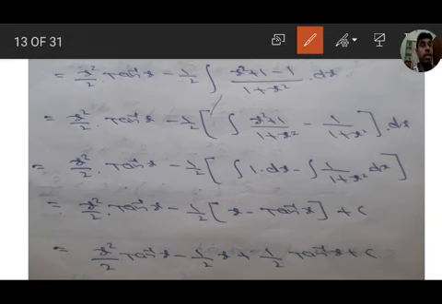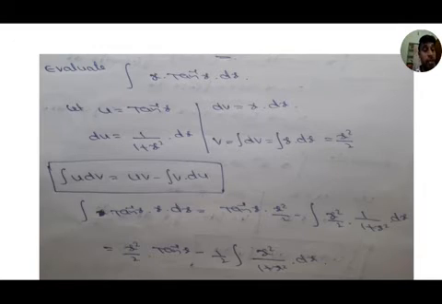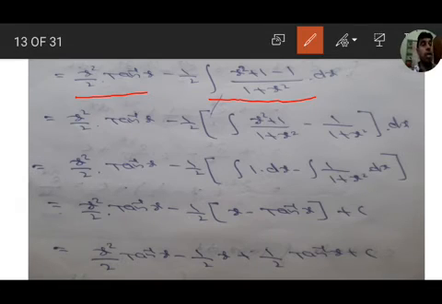Here x square can be written as x square plus 1 minus 1, so to get x square by 1 plus x square we are adding and subtracting 1 in the numerator. Separate it: x square plus 1 by 1 plus x square minus 1 by 1 plus x square.